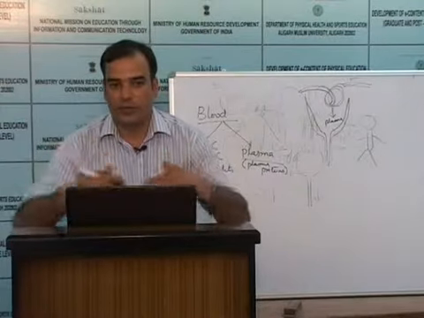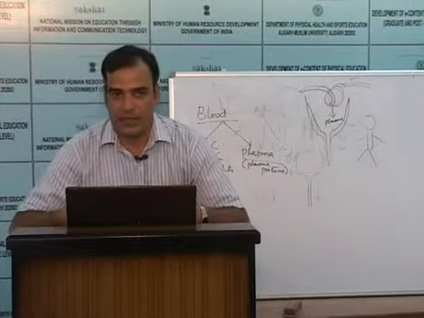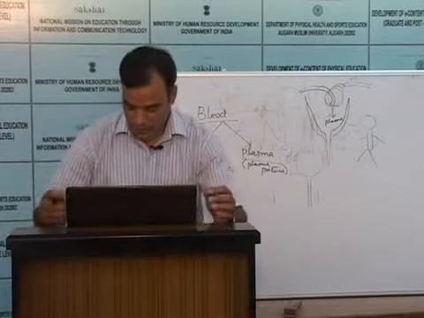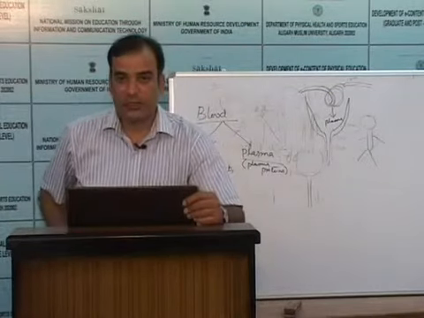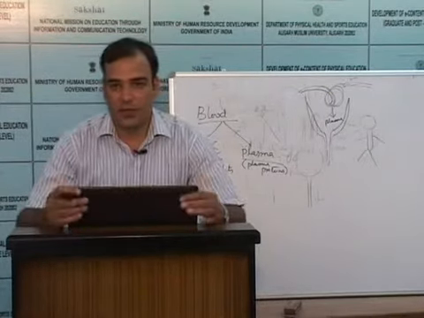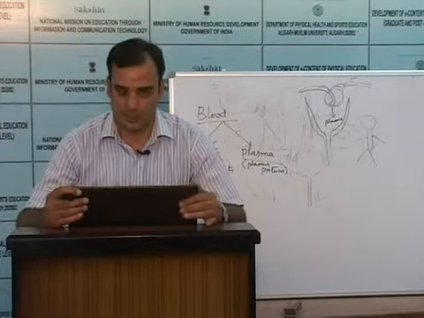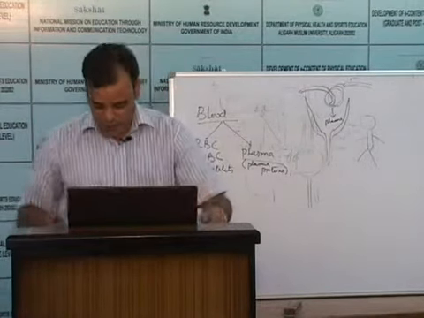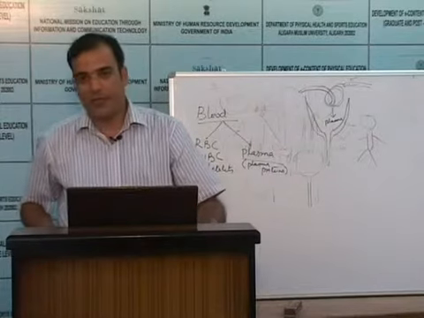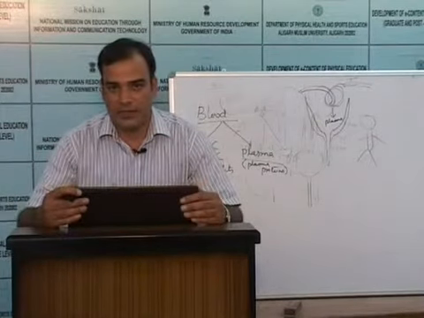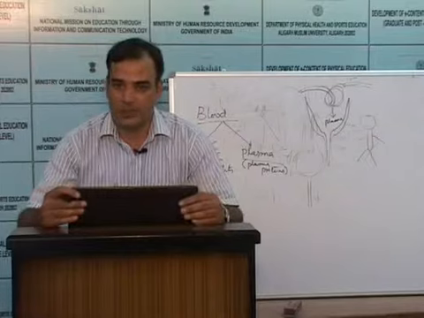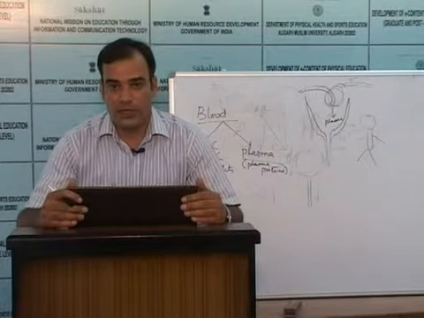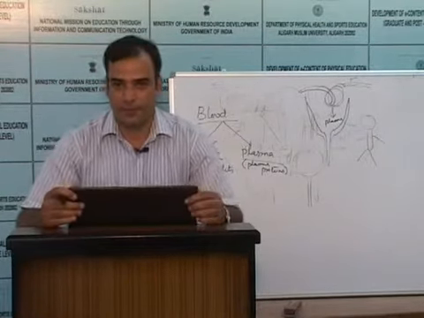So whenever we start exercise, there is the sympathetic stimulation. Sympathetic basically is one of the divisions of the autonomic nervous system. Autonomic nervous system, as you might be knowing, is that part of the nervous system that controls the internal organs of the body, that controls and regulates the functions of our viscera.